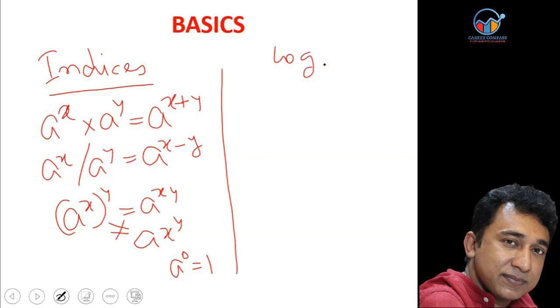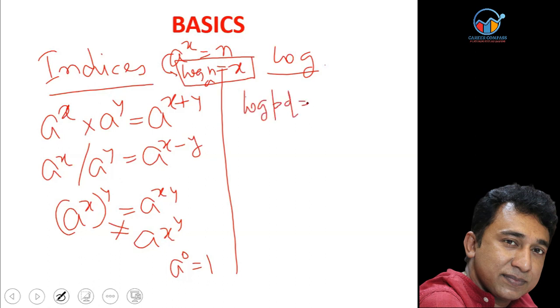Similarly, if you look at logarithm, understand the relation between indices and logarithm. If a to the power x is n, then log of n to the base a is x. So that is the relation between logarithm and indices. So log of pq happens to be log of p plus log of q.